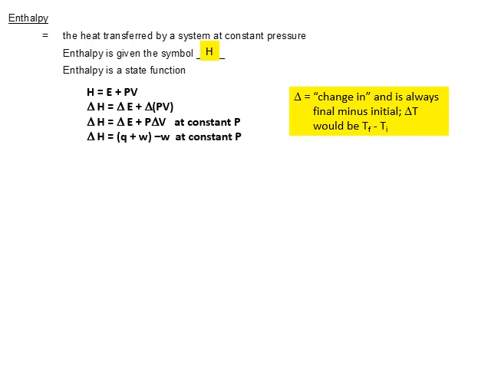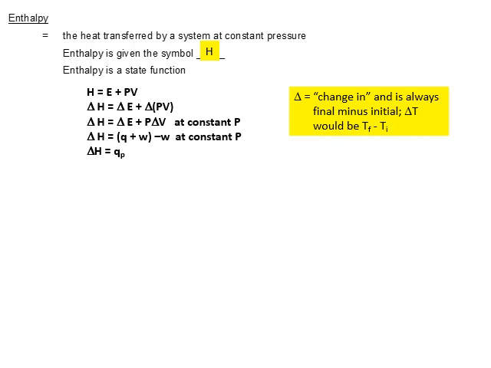But since delta E is equal to Q plus W and P delta V is negative work at constant pressure, we have the expression that delta H is Q plus W minus W, which simplifies to delta H is equal to Q. The P subscript stands to remind us that this equation is valid at constant pressure. This means that we can measure the enthalpy change for a reaction as the amount of heat gained or lost at constant pressure.